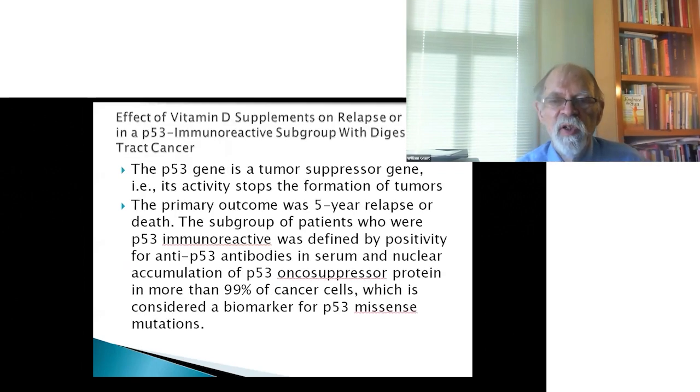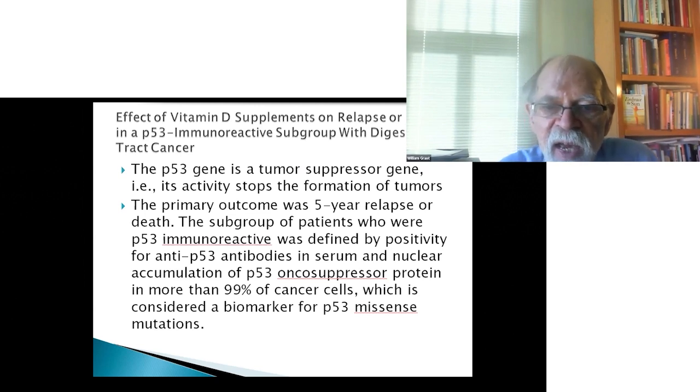Now, here's a very interesting study that just came out about a year ago. The P53 gene is a tumor suppressor gene, and its activity stops the formation of tumors. They did a study looking at patients with digestive tract cancers, and they did a 5-year study on relapse or death.